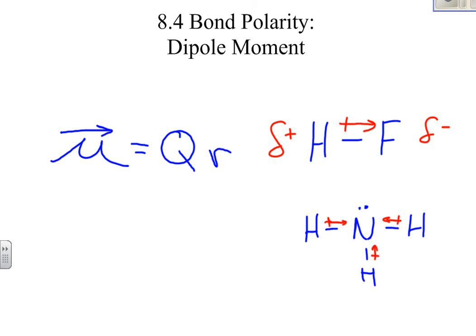So that's going to make the nitrogen have an accumulation of negative charge, and the hydrogen would have positive charges. So all of these are examples then of bonds that have dipole moments to them. And we'll get into the dipole moment of an overall molecule after we talk about the structure of these things. We need to do a little bit with VSEPR first.